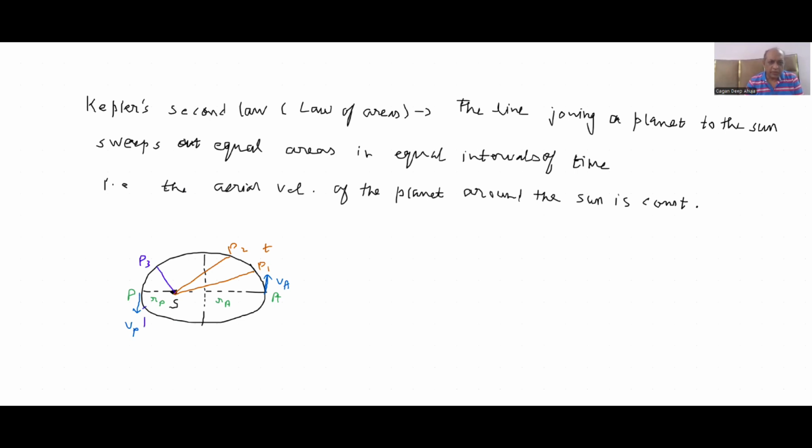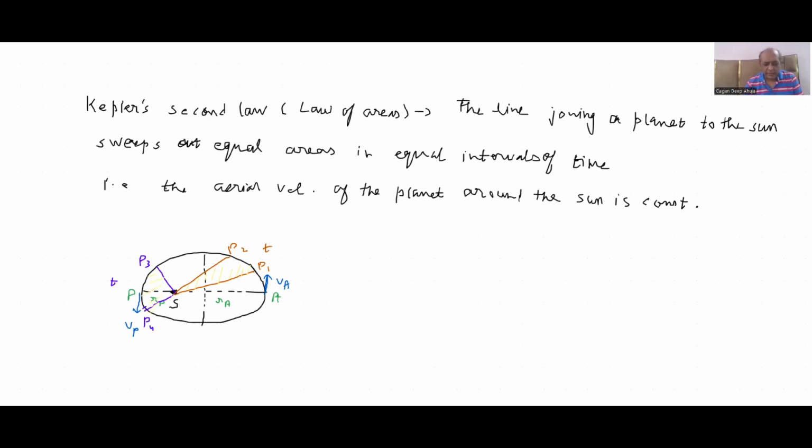So here the area swept by the planet from position P1 to P2 is SP1P2. And when it is closer to the sun, the area swept is SP3P4.